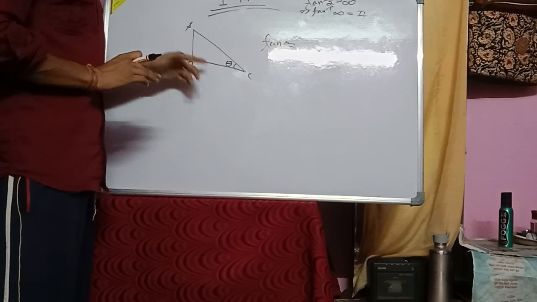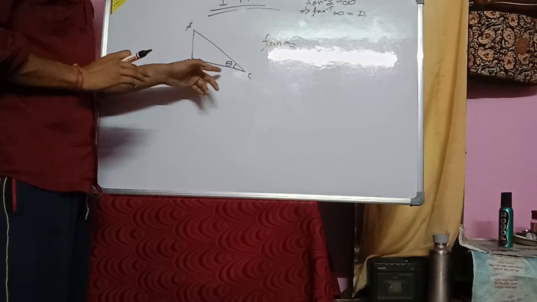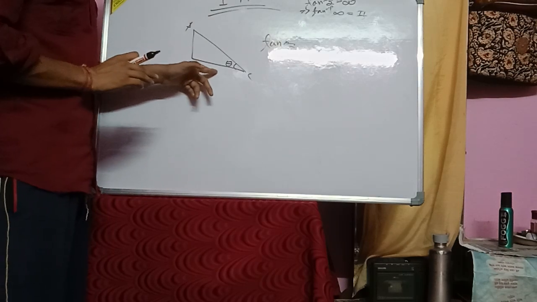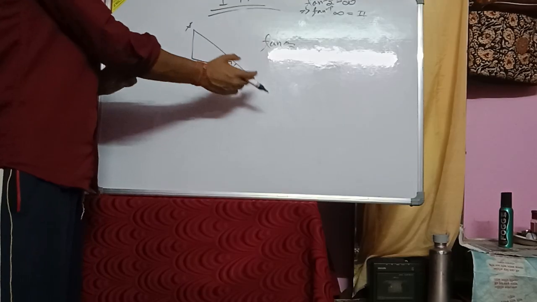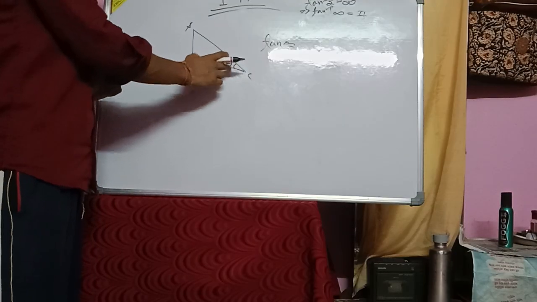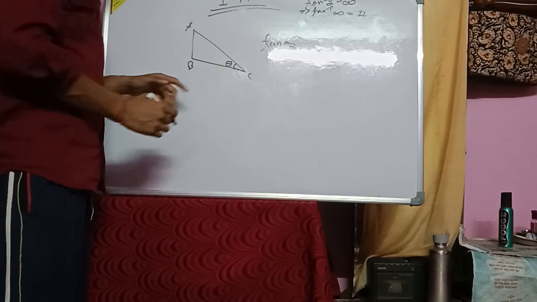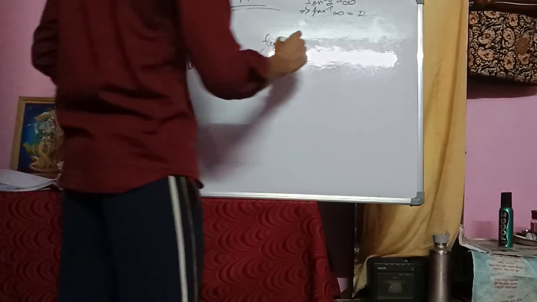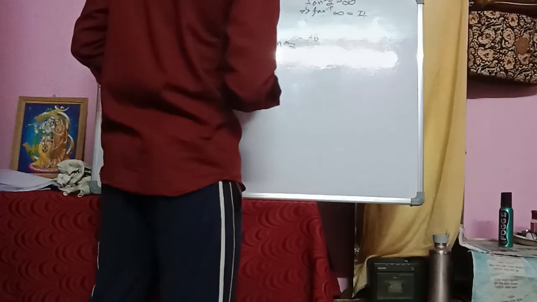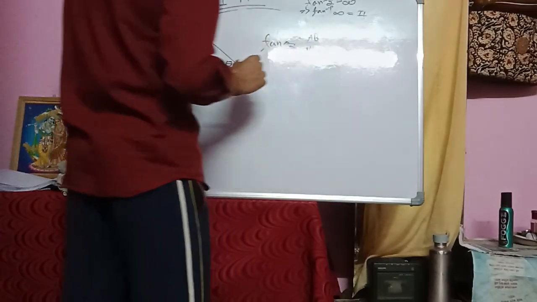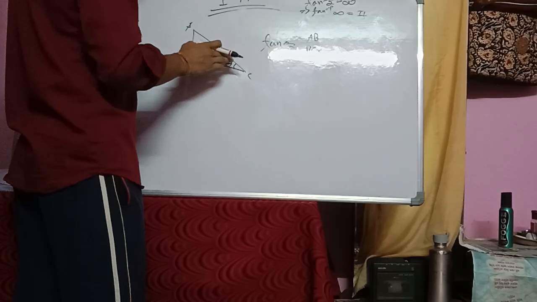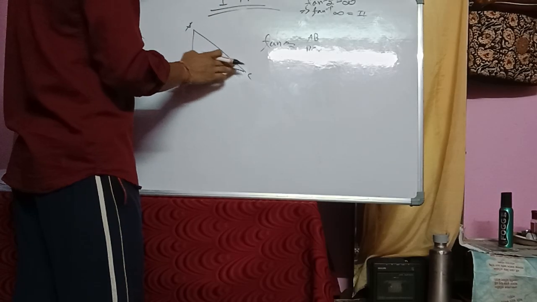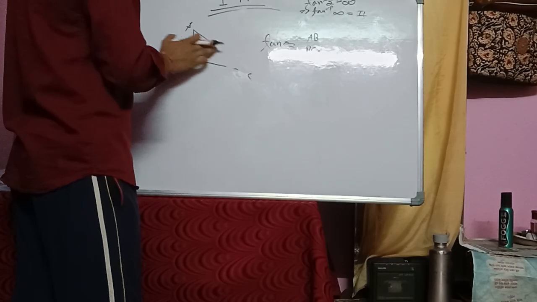The side opposite of this angle would be the length, and the side adjacent to it would be the base. So tan theta here would be AB over BC. Now let's say the value of theta here is pi over 2, that is 90 degrees, pi over 2 radians, that would be 90 degrees.